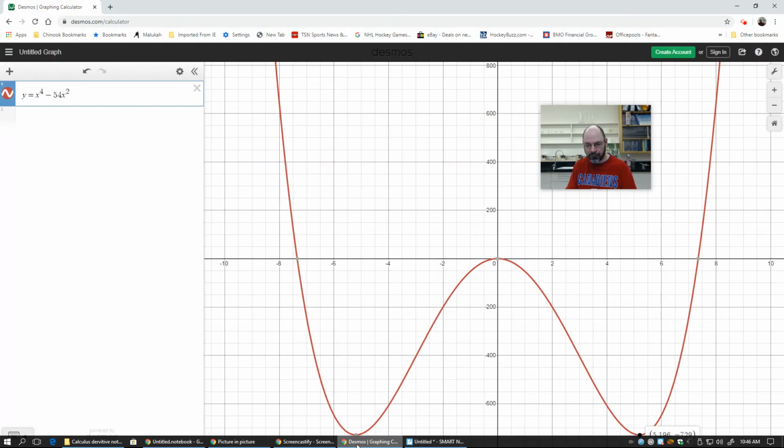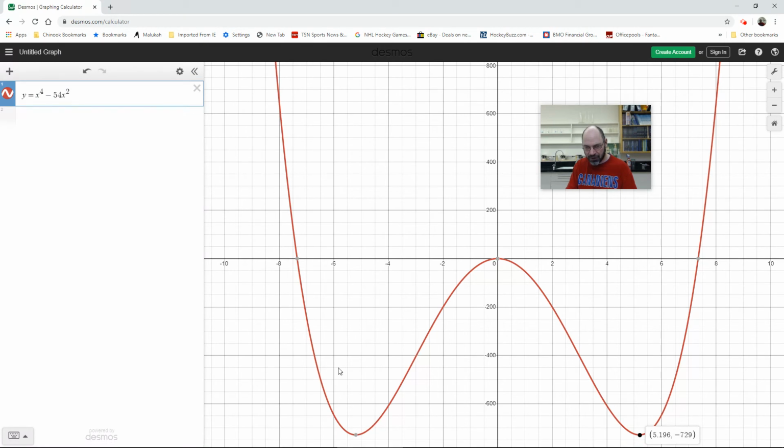But if we were looking at it, you could see that it's concave up here, and then it shifts to concave down somewhere halfway in between, and then back up again. So you can visually see that. I think it was 3, 405, negative 405, somewhere in here. So somewhere in there is our inflection point, right at that point right there.